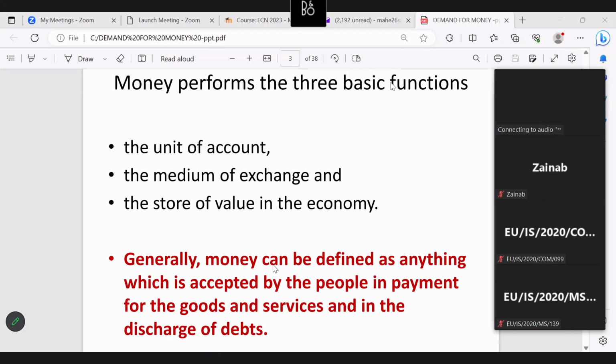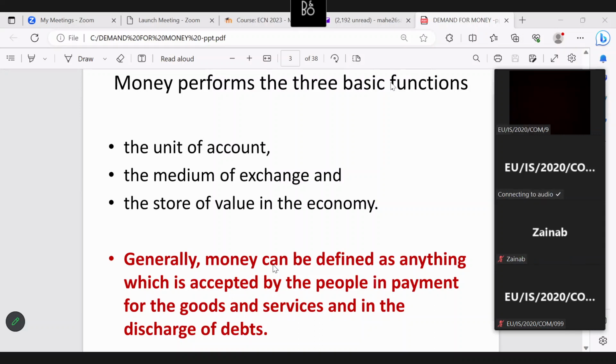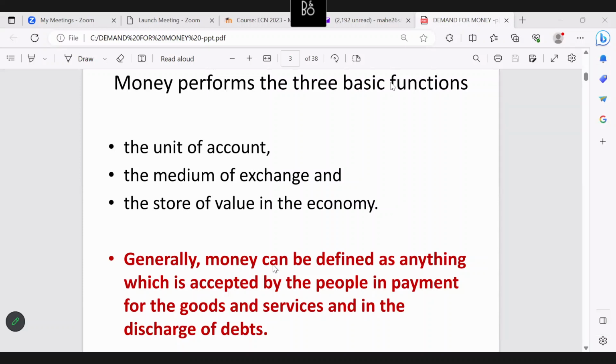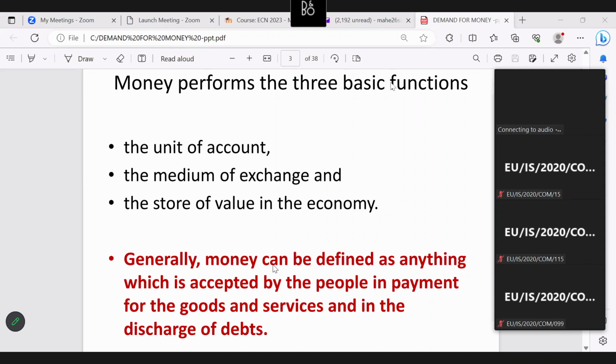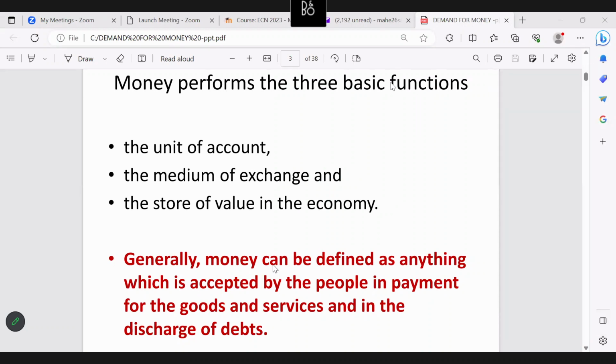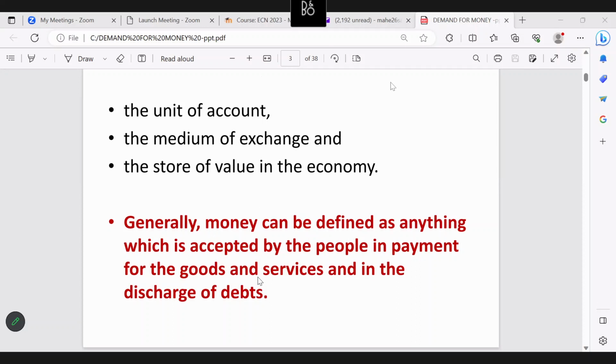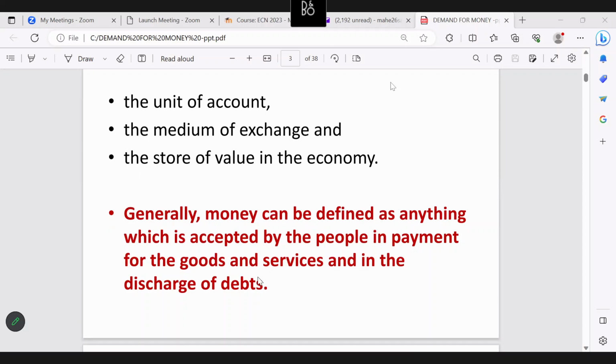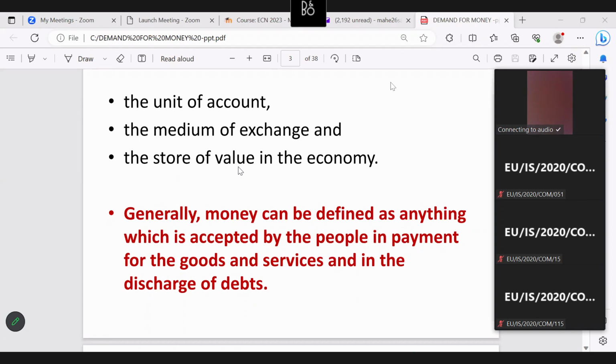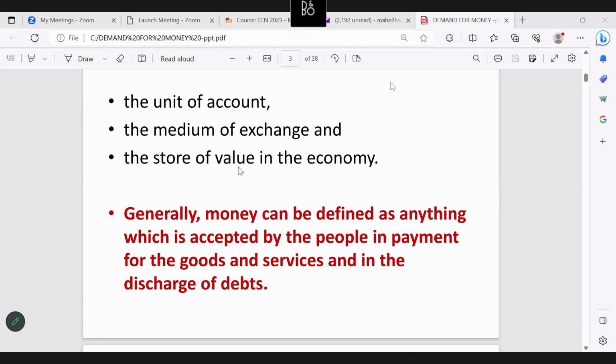Generally, money can be defined as that which is accepted by the people. People think, yes, this is money, and we accept it. The government also gives approval to those things. Otherwise, we can't use it in practice. So acceptability is the most important feature of money, which differentiates it from other assets.